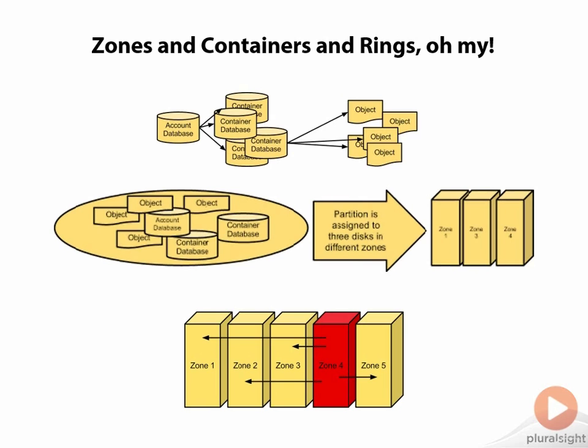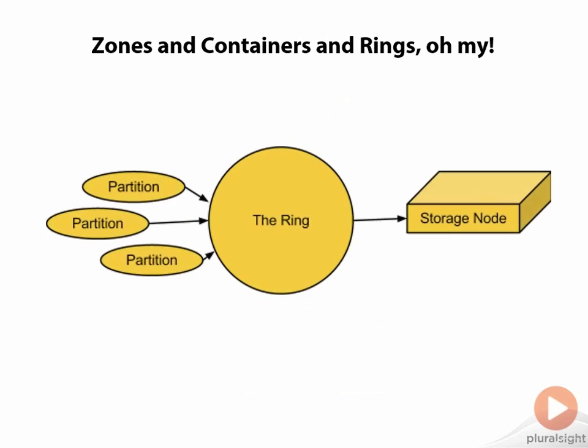But in the case that we have, say, 5 zones in our picture here, if zone 4 were to suddenly disappear because of a hardware failure or some kind of access failure to that storage block, then ultimately the load is just redistributed across the remaining 4 zones that are still alive. All of this comes together to describe what we call the ring.